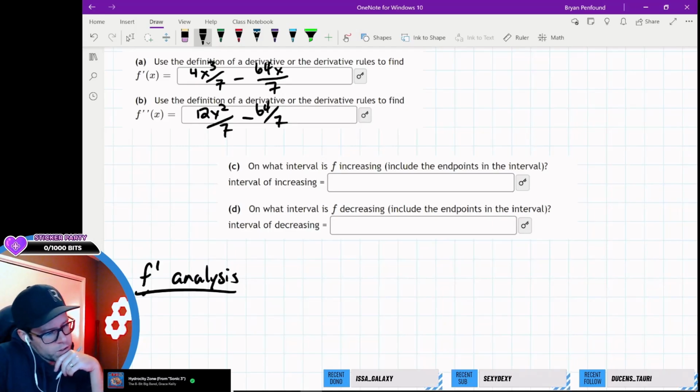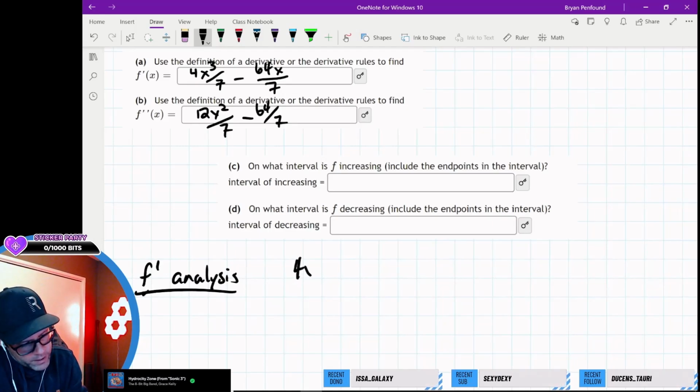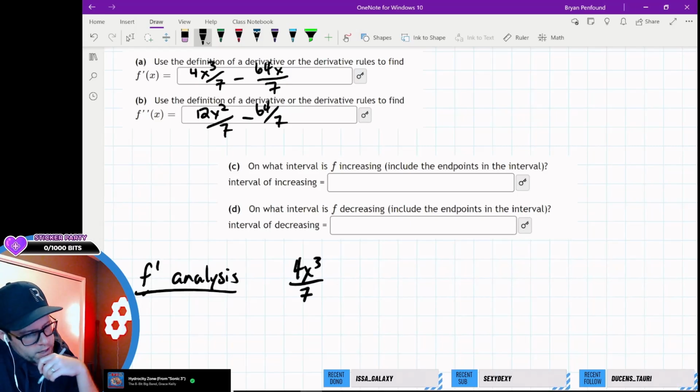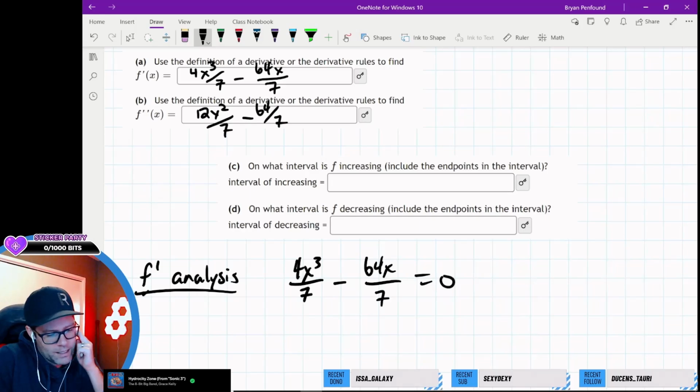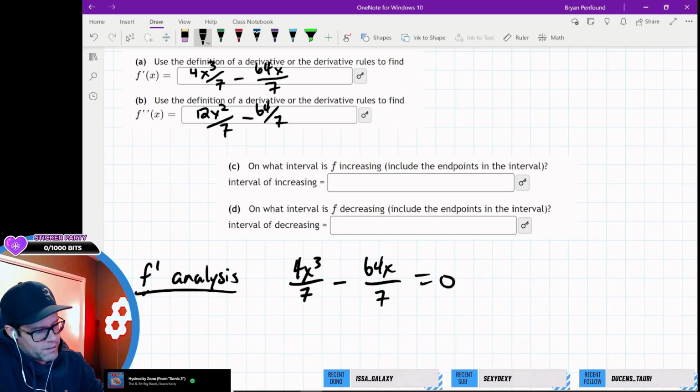And what we want to do here, I think, is just set this first derivative equal to 0. We're going to find all the potential spots where we could have a critical value. Oh, I see. So they've probably given us one here where we're going to have an inflection point instead, right?